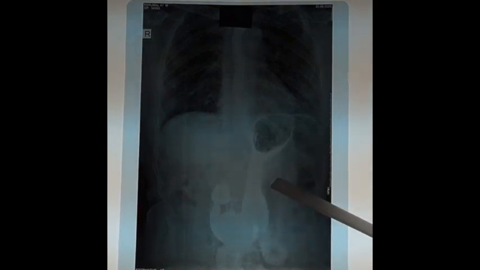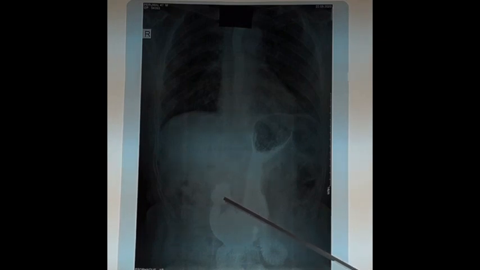And the indications of barium meal: it is taken if there is any dysphagia or any gastroesophageal reflux disease, to identify the hernia of the stomach into the thorax through the esophageal hiatus of diaphragm, and if there is any persistent epigastric pain, and duodenal ulcers.